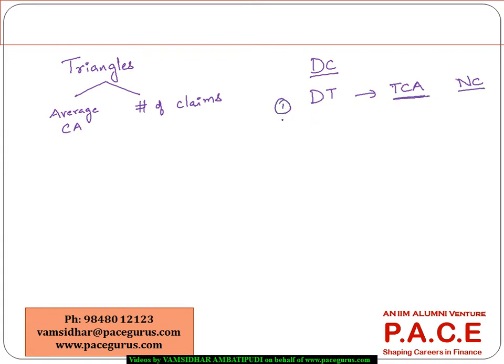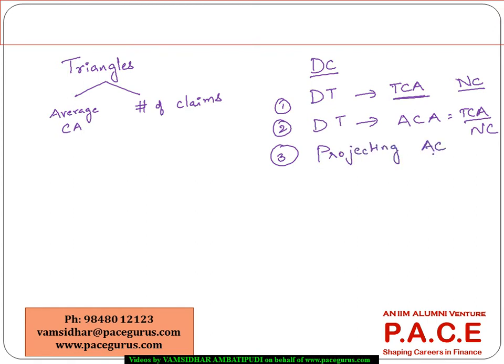Based on that, I compute a development table for the average claim amount, wherein I divide the total claim amount by the number of claims. And after that, we are projecting the average claims separately. Then we project the number of claims separately using different mechanisms.